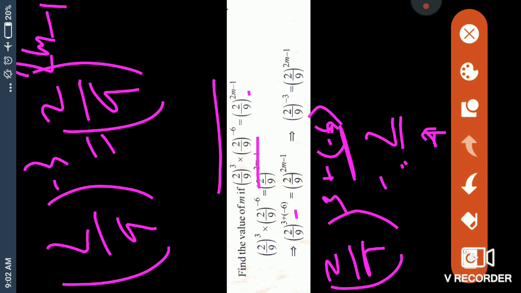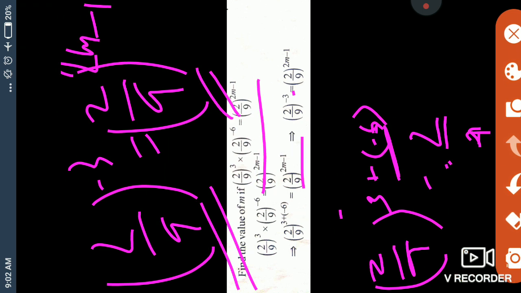Here we will remove the base because the bases are equal, 2 upon 9 and 2 upon 9. We remove them by the cancellation method. So the next step: only the power will remain, 2m minus 1 equals minus 3. Now it is very simple. Understand? It is an equation in one variable.